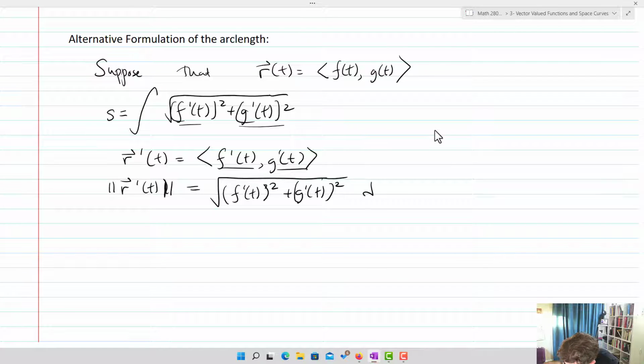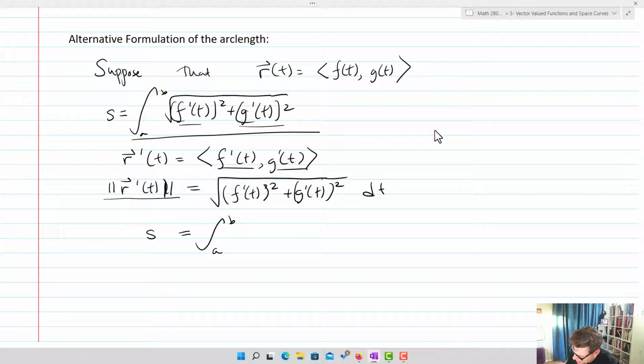And so you can see that s could either be formulated utilizing the components, or we could just say that s is going to equal the integral from a to b, once again a to b, of the magnitude of r prime of t dt.